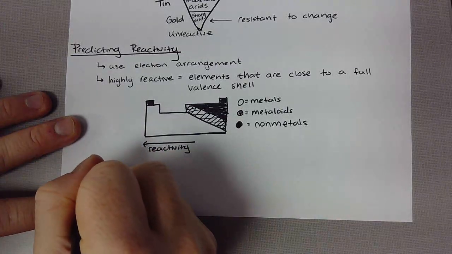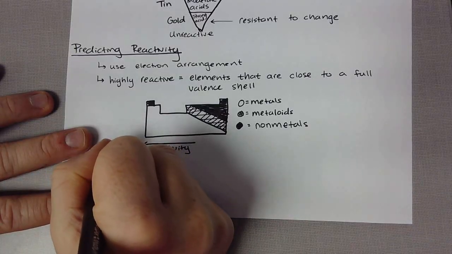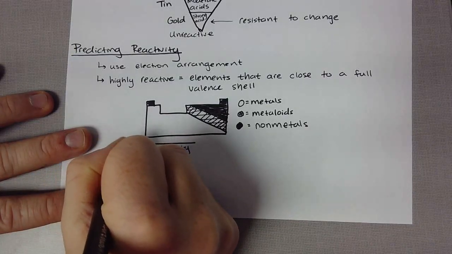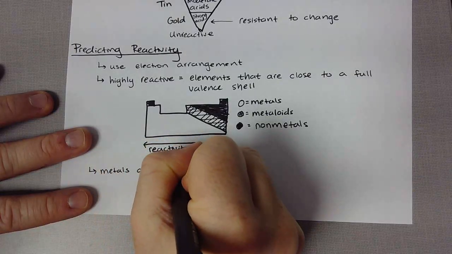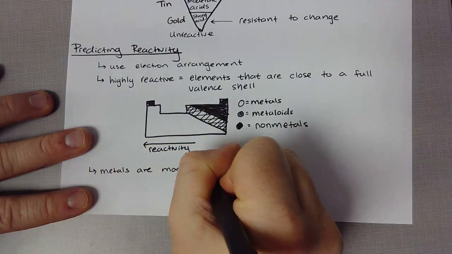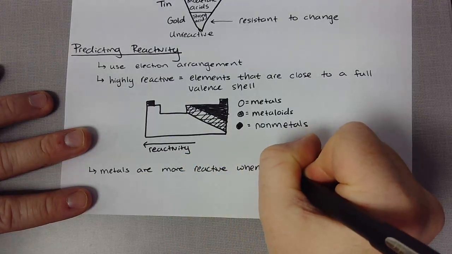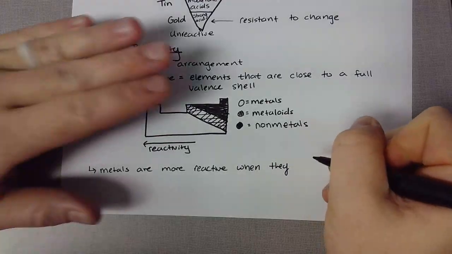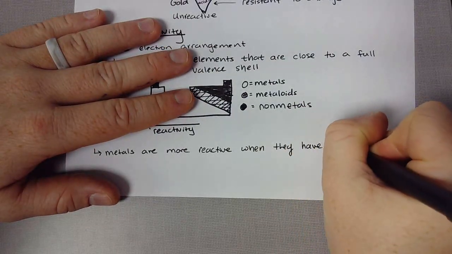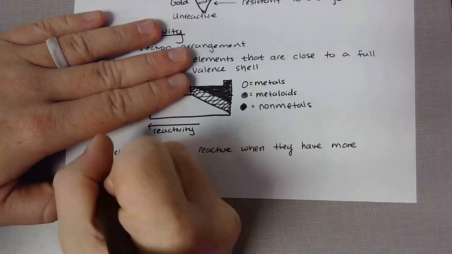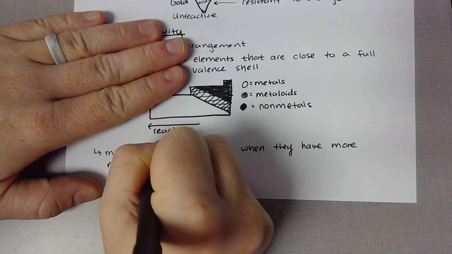Elements are also more reactive, or specifically metals, when they have more rings or shells.